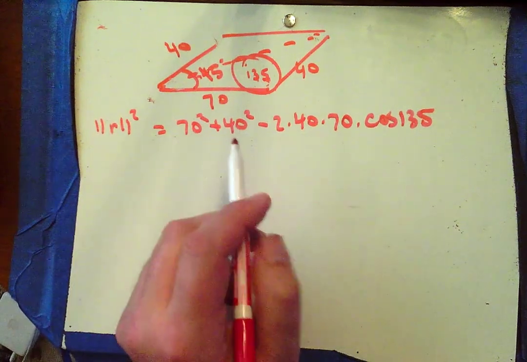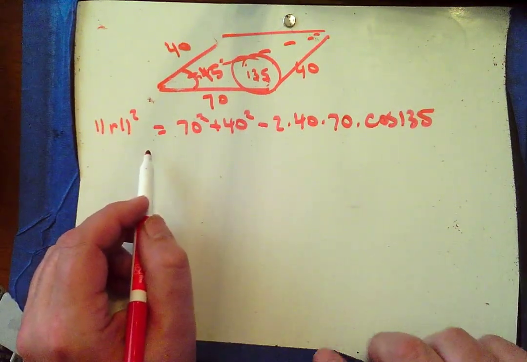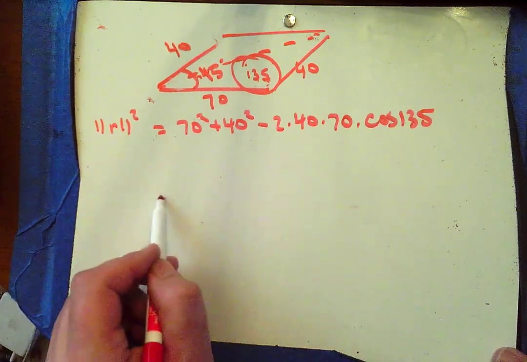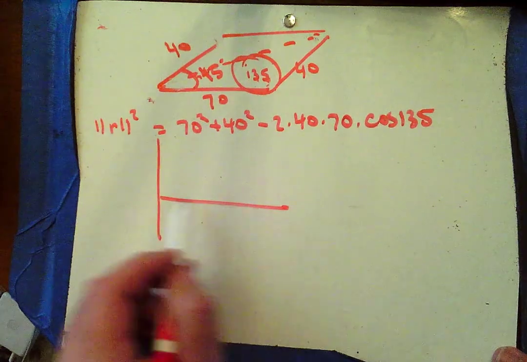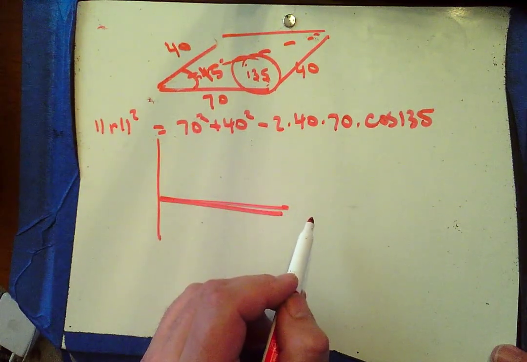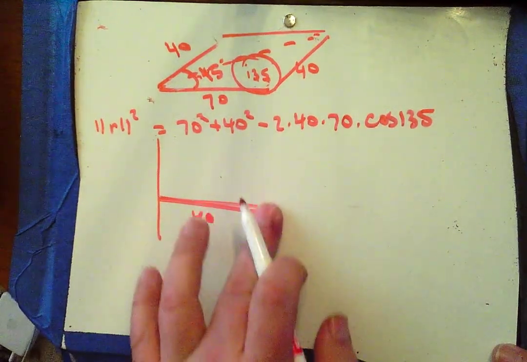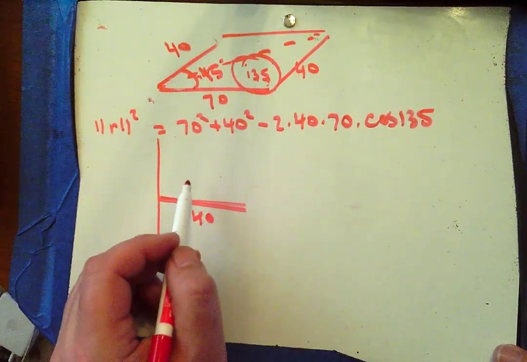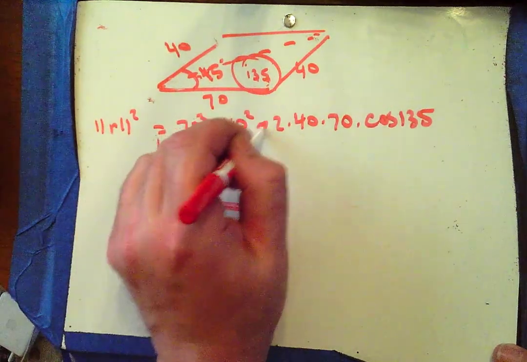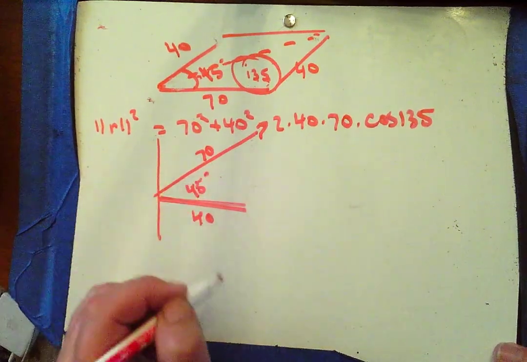I prefer, with this problem, given the same information, that we use that other method of describing vectors. And this time, I want to assign one of the vectors to be lined up on the positive x-axis. Let's make that the 40. And then we have another vector that is 70 and goes off at a 45-degree angle.